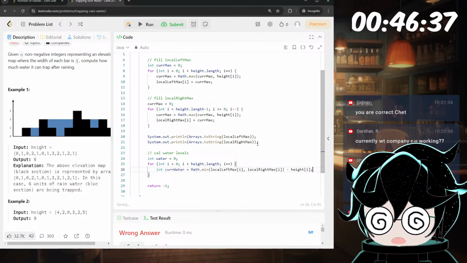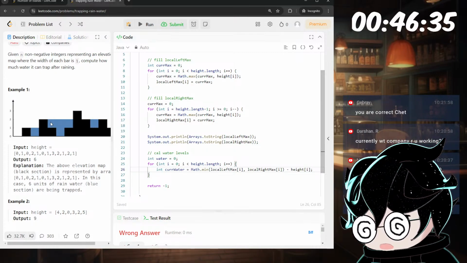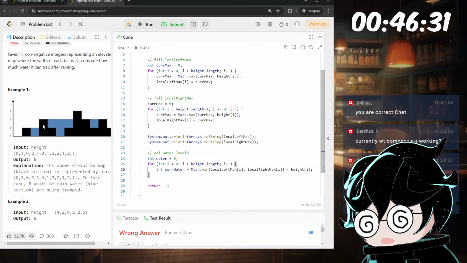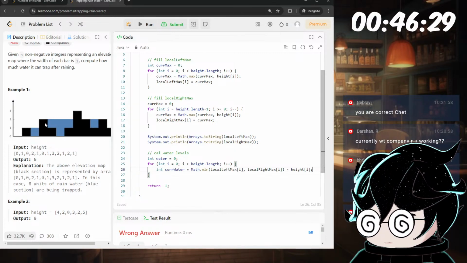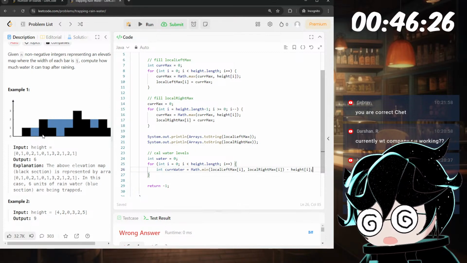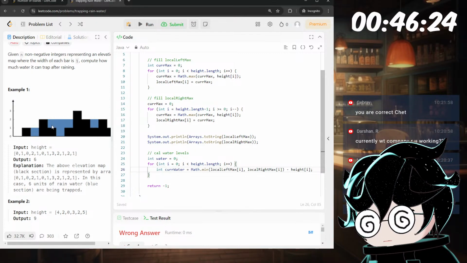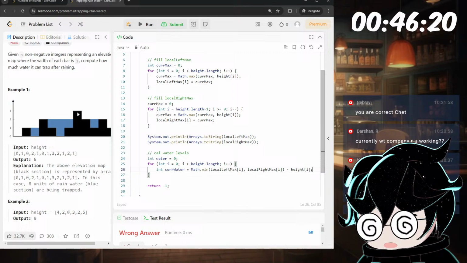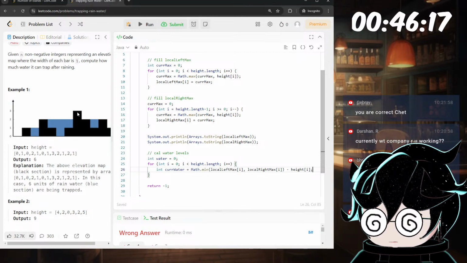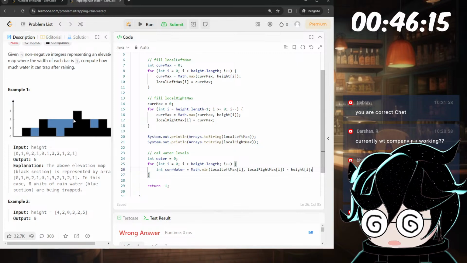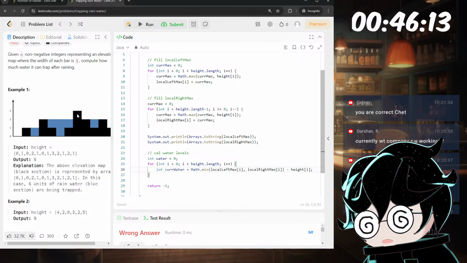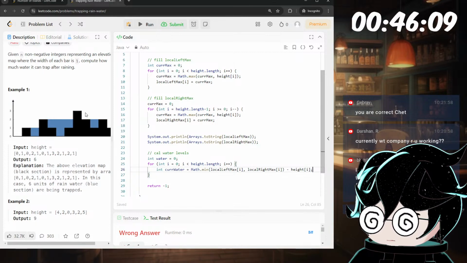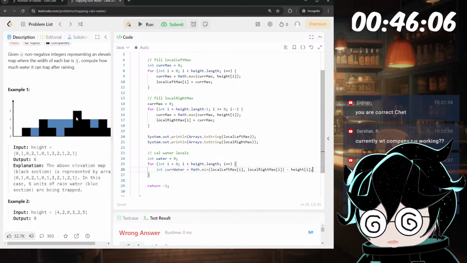Okay, so for example, here my max to the left is 2, to the right 3. I would take 2 over here. 2 minus 1 is 1. Okay, that works. What about here though? Wait, does this not work for 3 here? My left will be 2, right would be 2 as well, or 3.